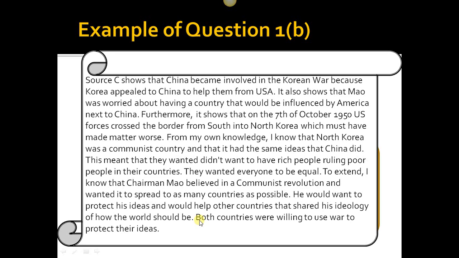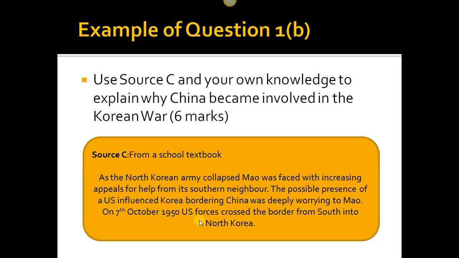But if you go back, you are using the actual source, which does tell you what actually happened, why China became involved in the Korean War. It says there, as the North Korean army collapsed, Mao was faced with increasing appeals for help from its southern neighbor. The possible presence of a US-influenced Korea bordering China was deeply worrying to Mao.